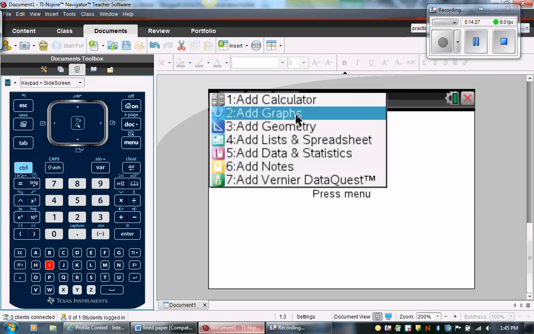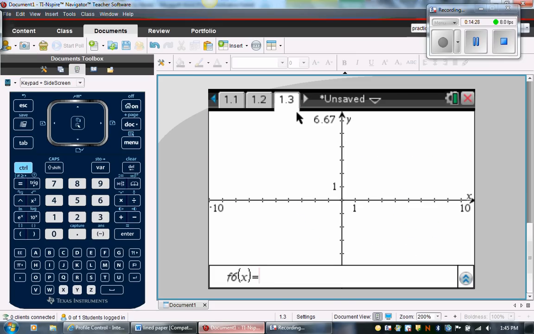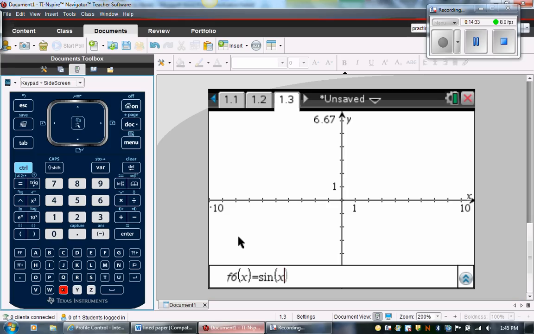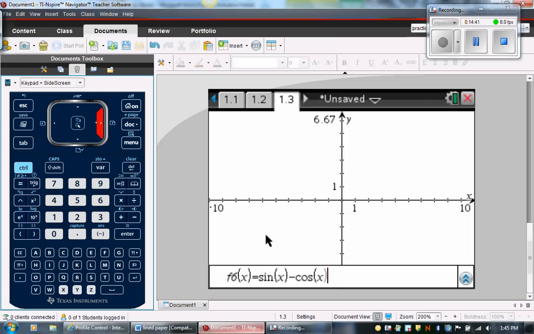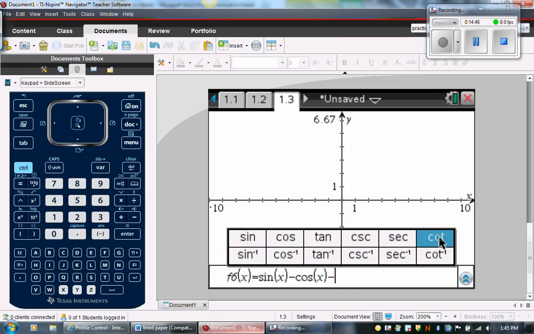We're going to insert another graph page. If we were to take my equation and set it equal to 0, so we would have sine x minus cosine x minus cotangent x.